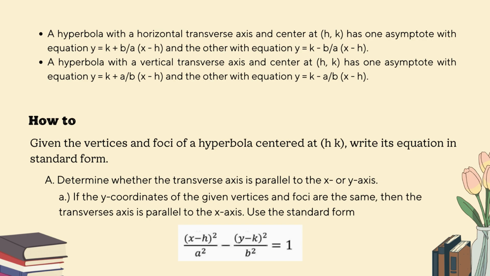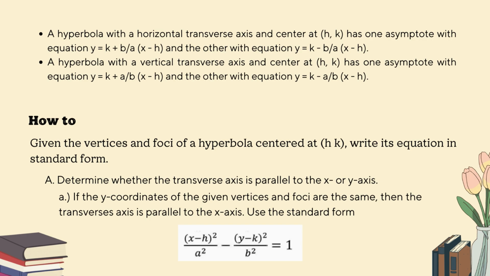Also, a hyperbola with a vertical transverse axis and center at (h, k) has one asymptote with the equation y is equal to k plus a over b times the quantity x minus h, and the other with the equation y is equal to k minus a over b times the quantity x minus h.